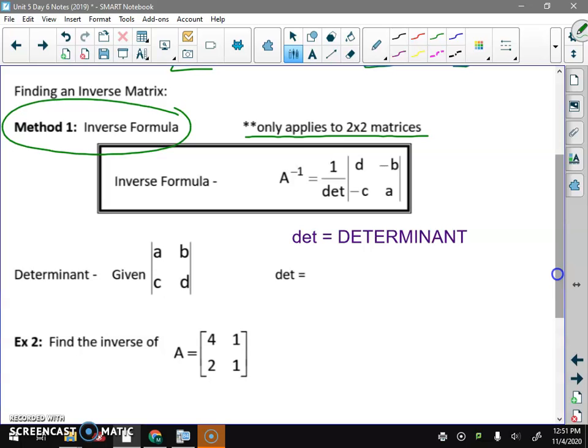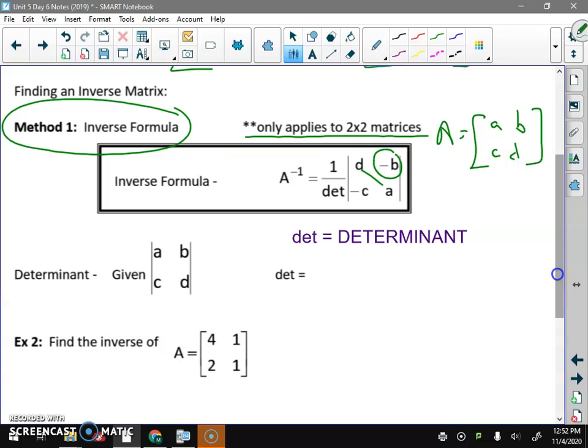Okay? And the first thing you're going to do, when given a matrix A, I'm going to call the first term A, the second term B, the third term C, the fourth term D. Here's what you do to find the inverse. 1 over DET. Not quite sure about that yet, but notice this. The A and the D switched. Notice this.